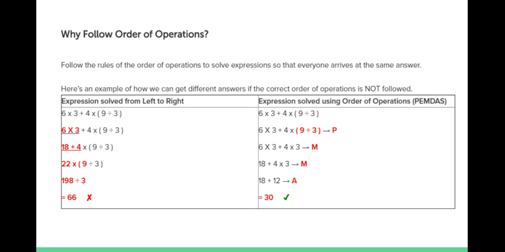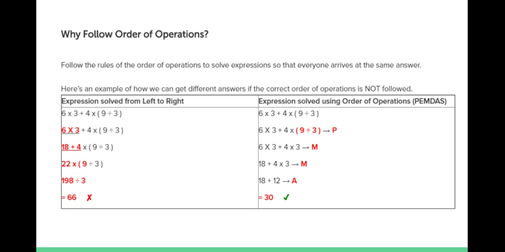So this chart gives us an example of how we would get different answers if we did not follow the order of operations. On the left, this expression was just solved going left to right. They did not use the order of operations, so they just went straight across. So they got 6 times 3 is 18.